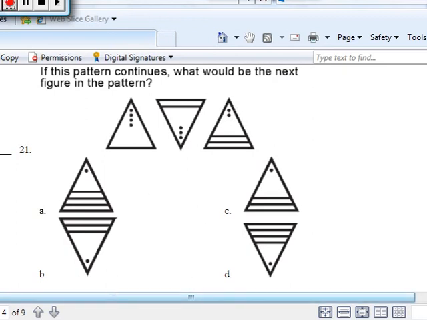They all have 1 dot. The first figure has no lines, 1 line, 2 lines. I would say the next one would have 3 lines. That one has only 2. This one has 3, and this one has 3. So now we're down to A or D. The first triangle is pointing up, down, so that gives you an answer of D. Okay, just look at your patterns. That's called inductive reasoning.